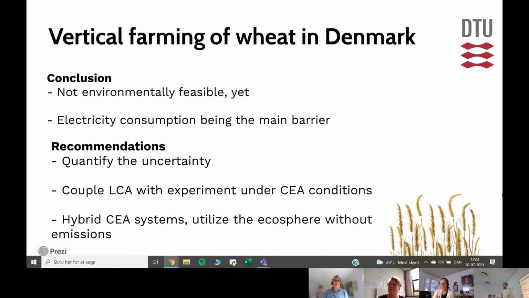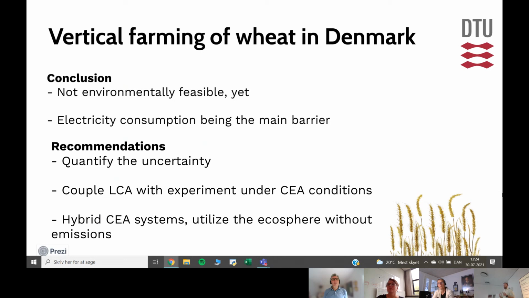By quantifying the uncertainty, we could do things like run a Monte Carlo simulation, where we could overlap the systems and see if there's an overlap with all the uncertainty that the system has, and that would be interesting to see how many times the vertical system would beat the conventional.